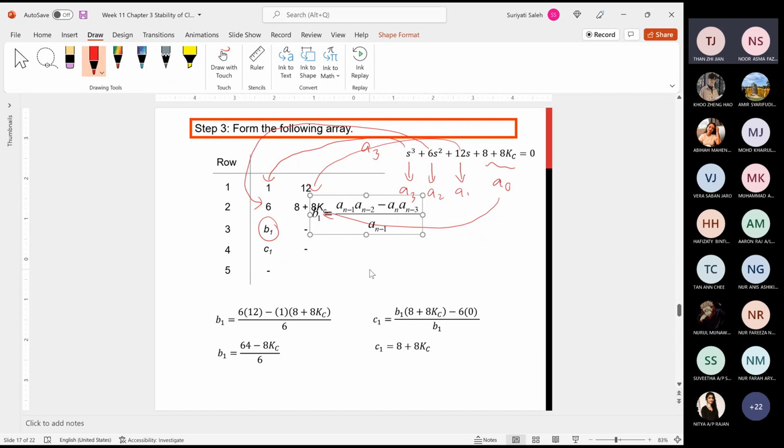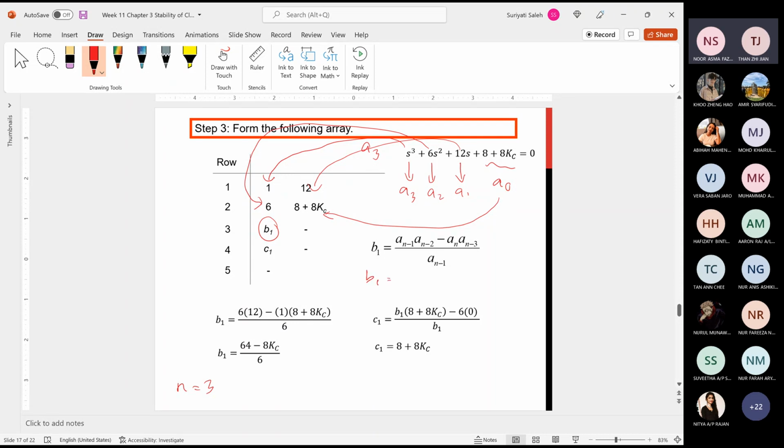So we have the B1 here. How to use? In this case, you have an n minus 1. Remember that the n equal to 3 is based on the highest S power. So you have the S power of 3, so that means your n equal to 3. This contributes to the B1 equal to an minus 1.